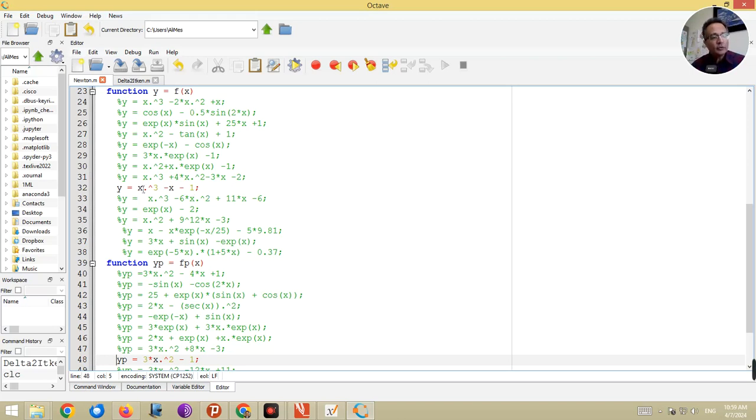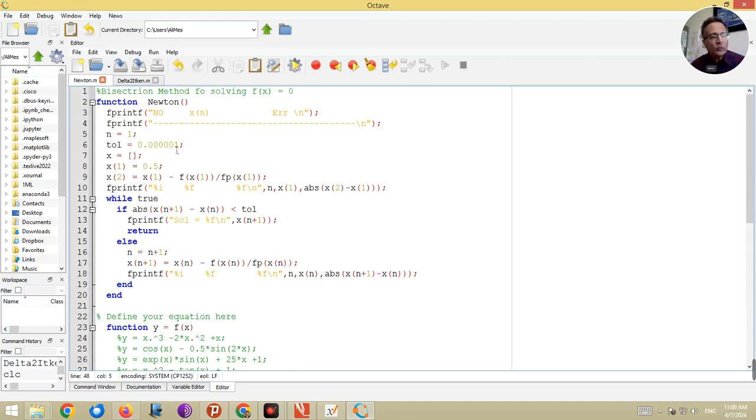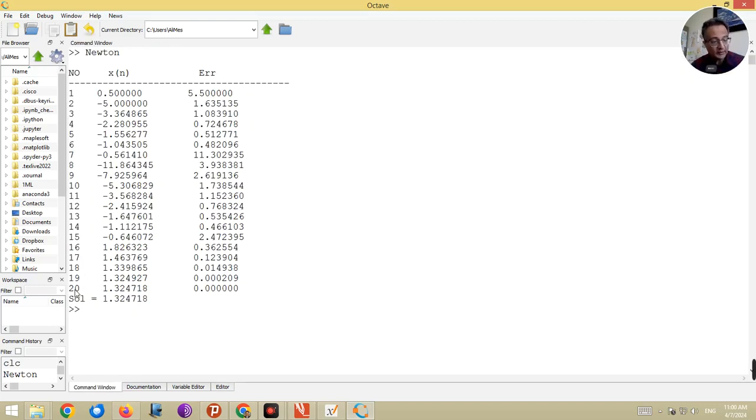For Newton method we have to define y equal to x cubed minus x minus 1 and yp as 3x squared minus 1, and we solve the equation with, for example, this accuracy, and with starting point x1 equal to half. If we solve the problem, you will get 20 iterations to find the root.